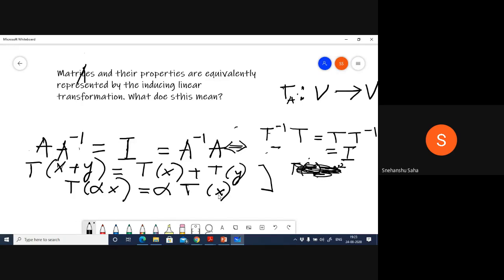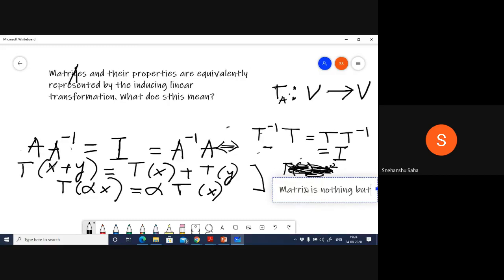Let me write it here. A matrix is nothing but a linear operator.